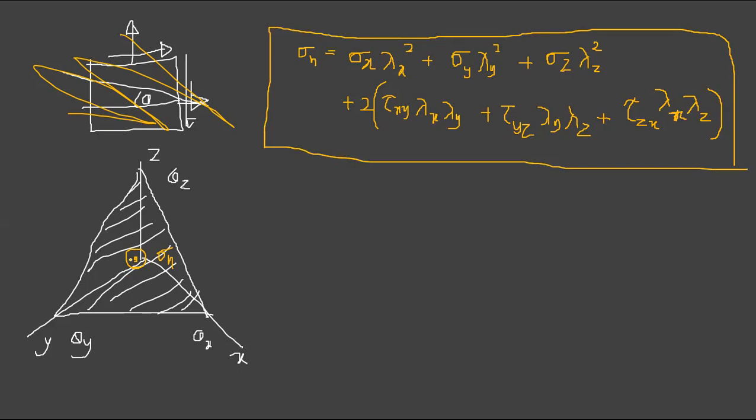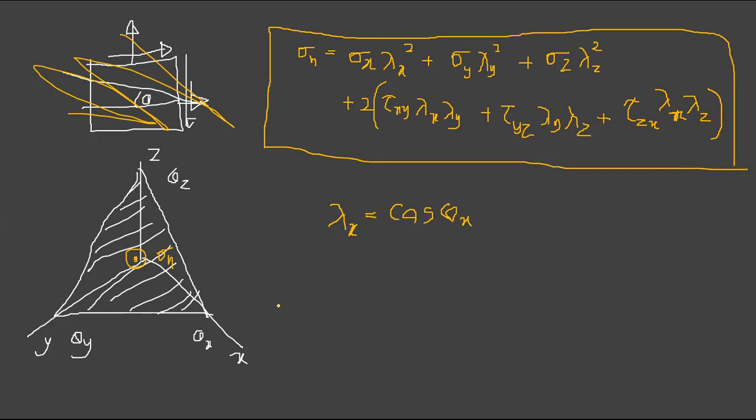If you are given the cubical stress state, we'll do an example. This is how you convert to the normal stress on a particular plane, which makes some angle. That angle, theta x, gives you lambda x as cos theta x.